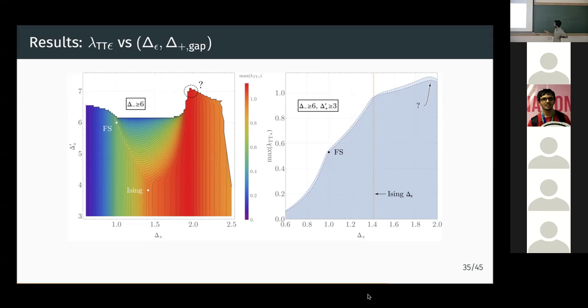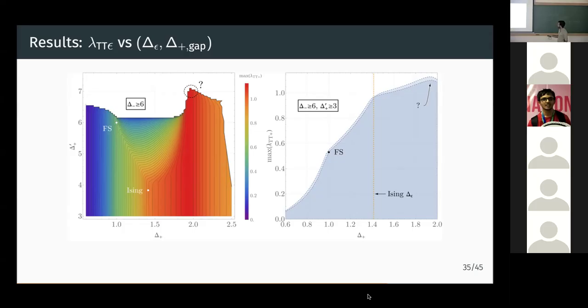Immediately you get a kink here, like a sharp feature here, which corresponds to the free scalar theory that you can compute and matches exactly. Then there's another kink here, which again corresponds to Ising. So there's a second kink feature that seems to correspond to the Ising dimension. And in fact, with our full mixed system, we find that this turns into just a little island there, which is nice. And then there's a mysterious structure here that we don't know.